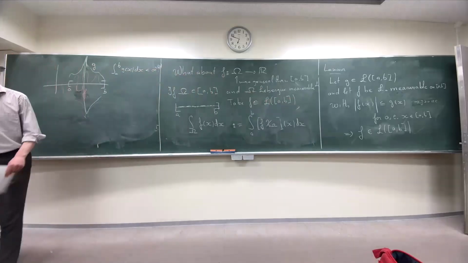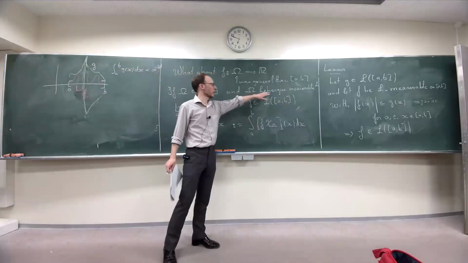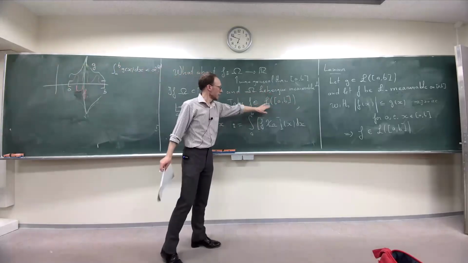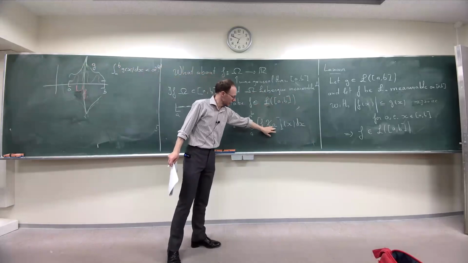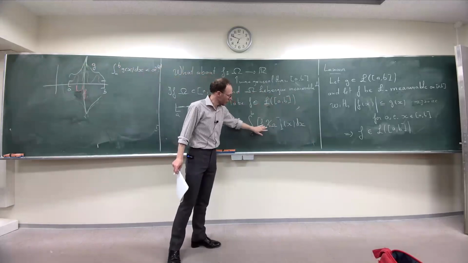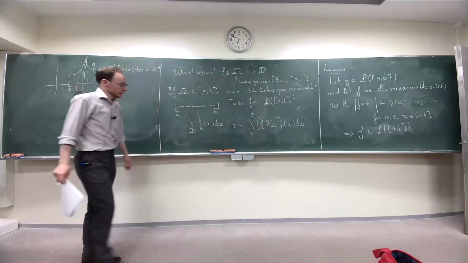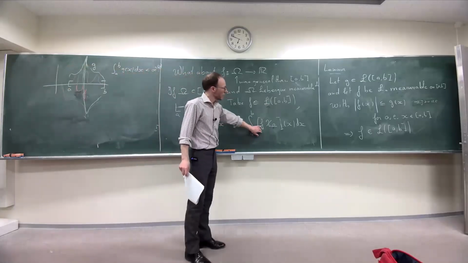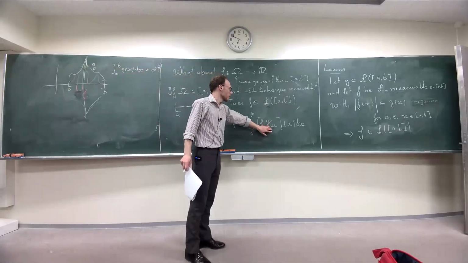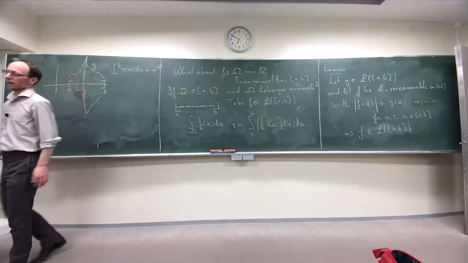Why does it work? Because f is Lebesgue integrable, so it's Lebesgue measurable. This set is also a nice set, and we have seen that the product of one Lebesgue integrable function and one bounded Lebesgue measurable function is again Lebesgue integrable.